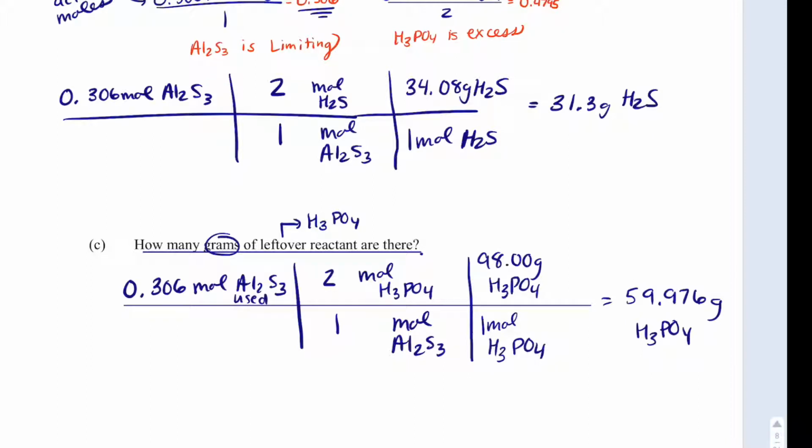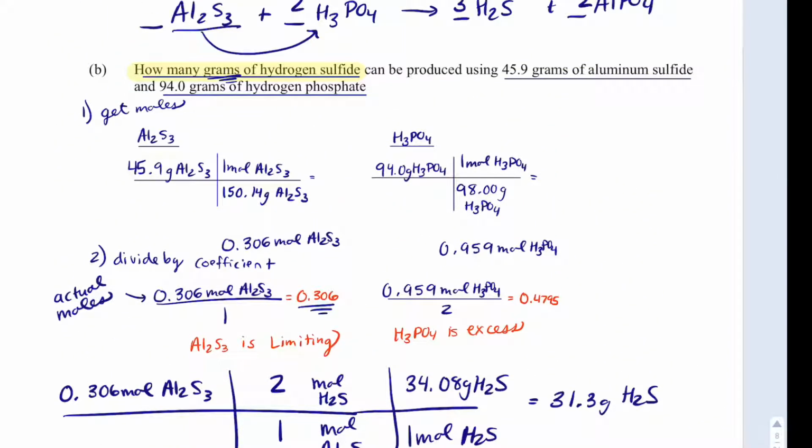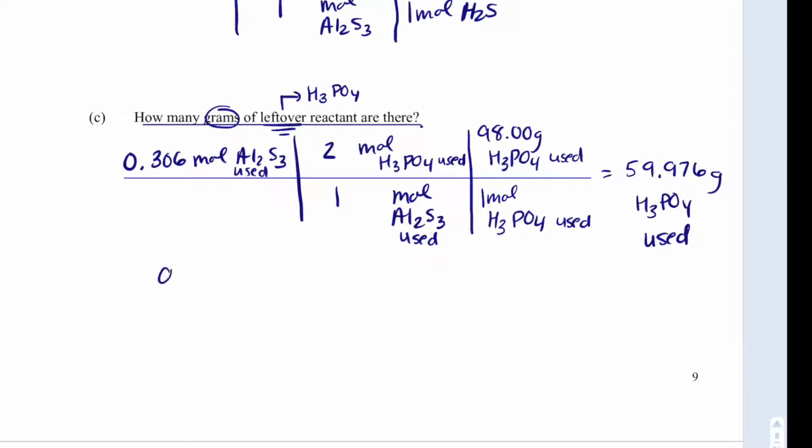So what I want to do is if I am ever asked about leftover, I'm going to make sure all my units say used. Because when I finish my fence, oftentimes that's the end of the problem, but here it's not. This is how much H3PO4 was used. And so if I scroll up, I started with 94 grams of H3PO4.